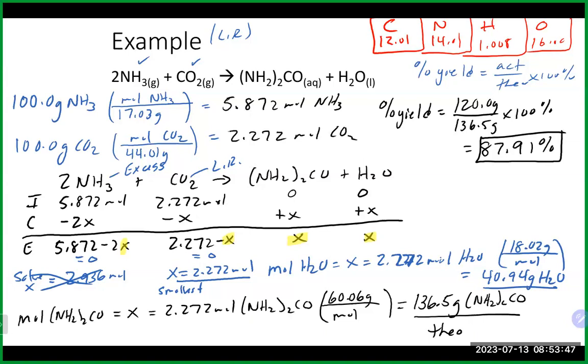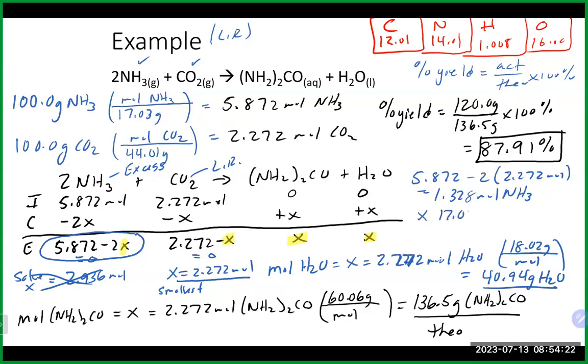And in this case, our excess reagent was this guy. And we could go back and also figure out how much of that excess reagent is left. So 5.872 minus 2 times our x value of 2.272 moles tells us that at the end of this experiment, we will have about 1.328 moles of our NH3 left over, which we could also multiply by the molar mass that we had earlier.